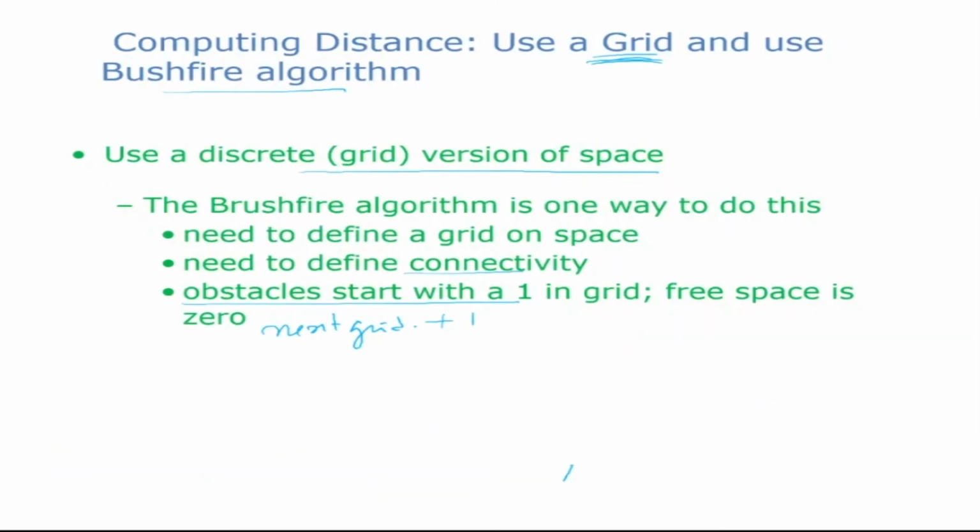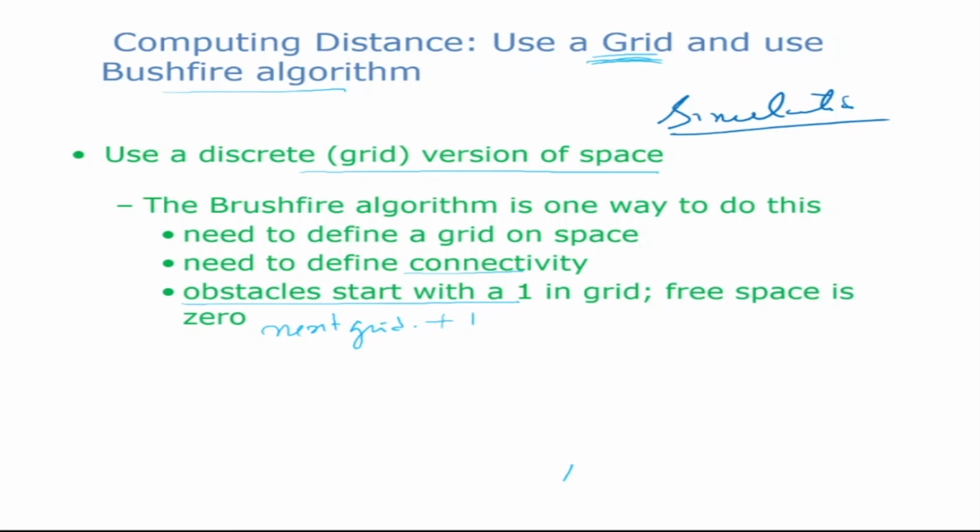Now computing the distance with an ultrasonic sensor is in the case of a real robot. Now suppose you are doing a simulation, in which you don't have a real robot, but I'm simulating the robot, obstacle and goal point. What we can do is use the bushfire algorithm.